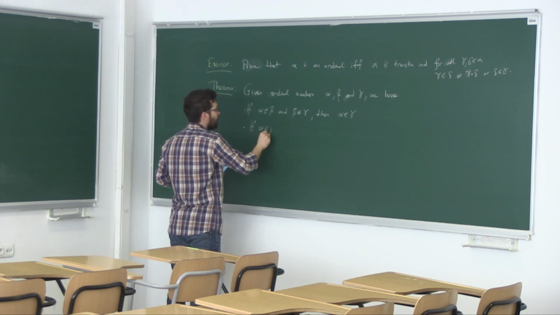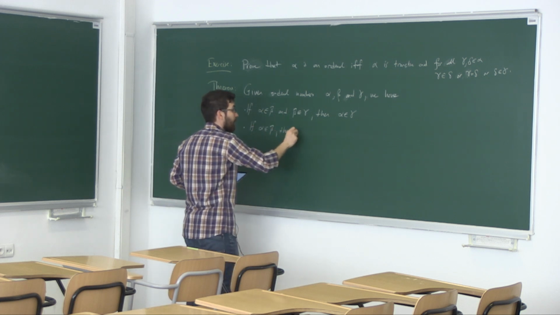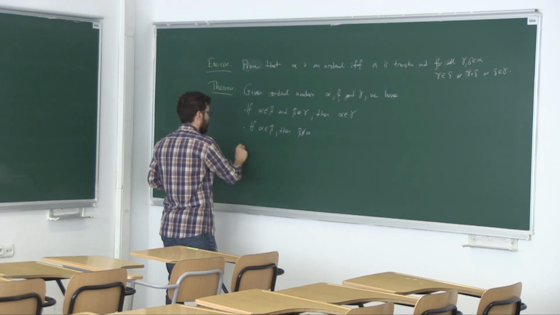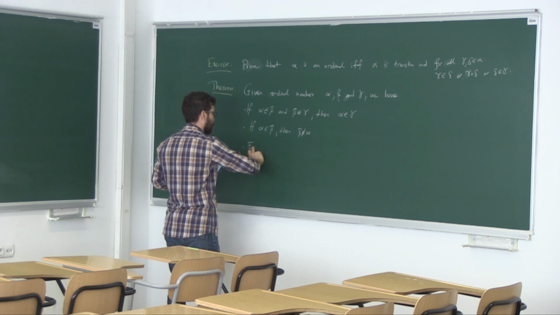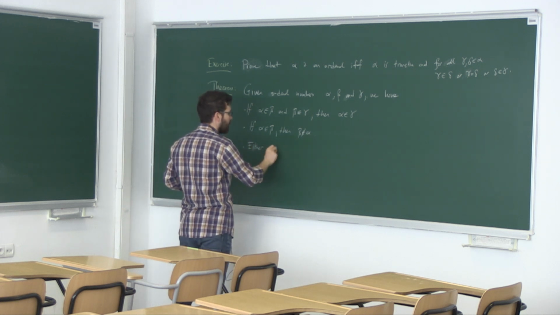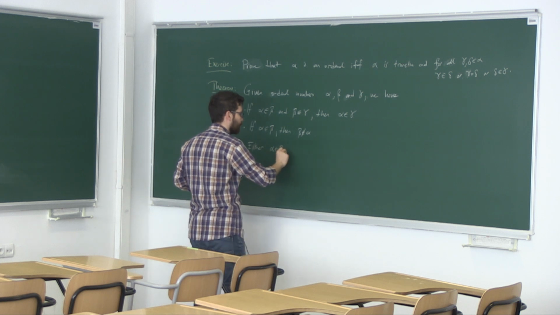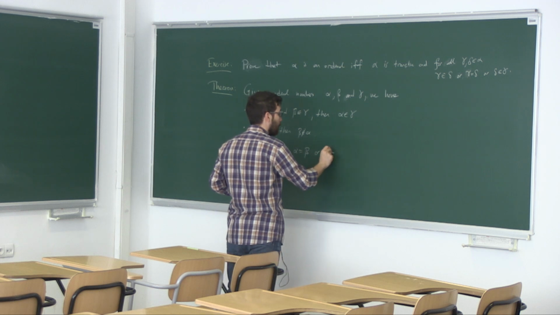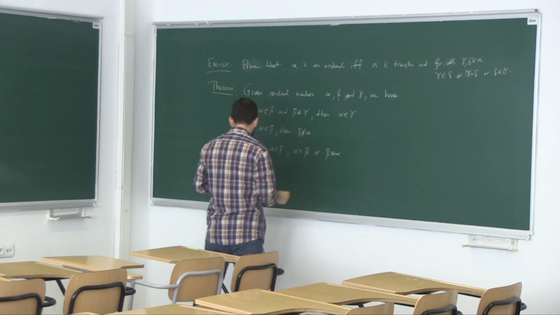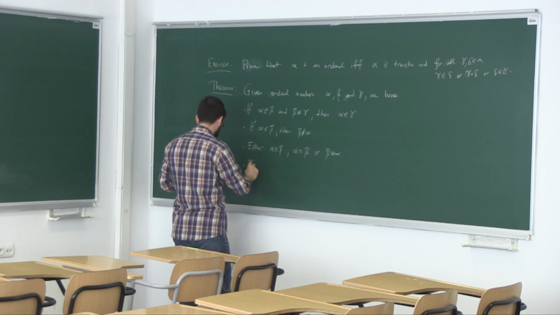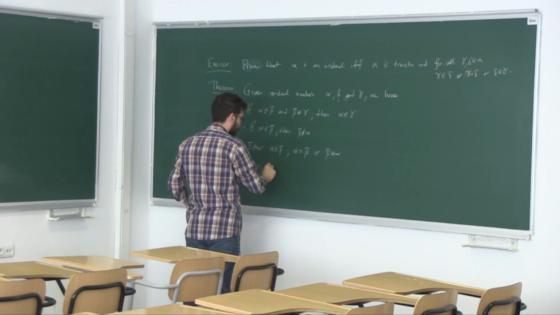If alpha is a member of beta, then beta is not a member of alpha. And we have that either alpha is a member of beta, alpha is beta, or beta is a member of alpha. And the fourth bullet point, the last bullet point, is this.